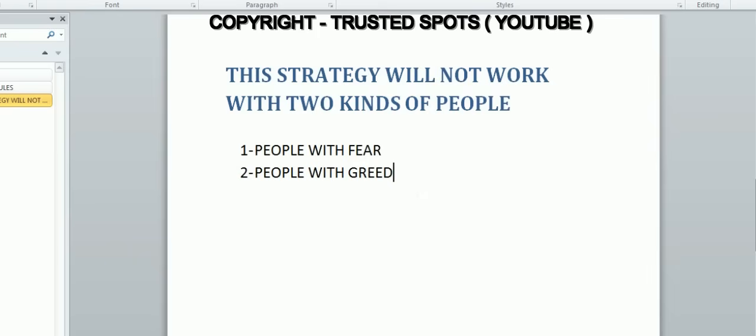This strategy, or I can say any strategy in this world, will not work. If by chance you are able to find a strategy with a 99% winning ratio, still you will not win. You will end up having losses, because if you have fear, you lost from the beginning. You didn't fight a battle, you lose in the beginning.